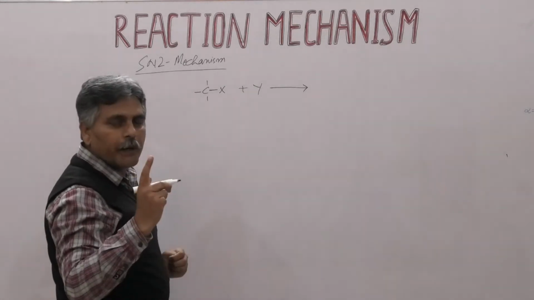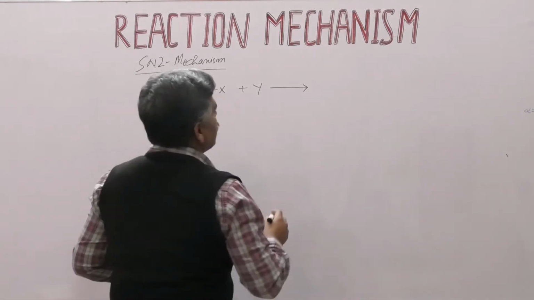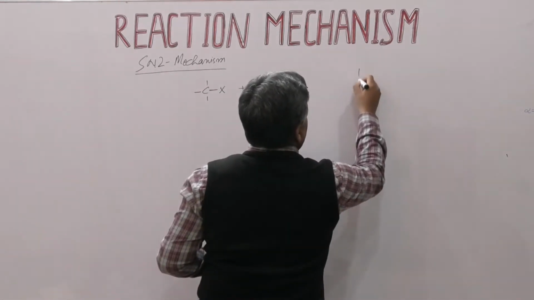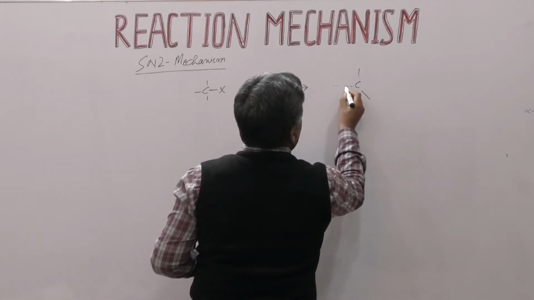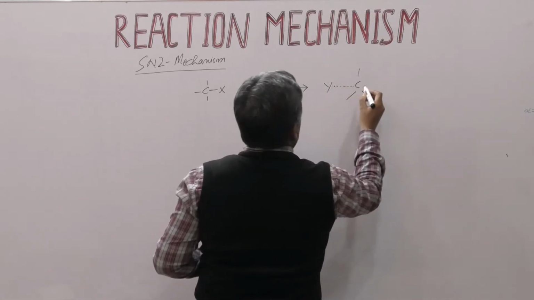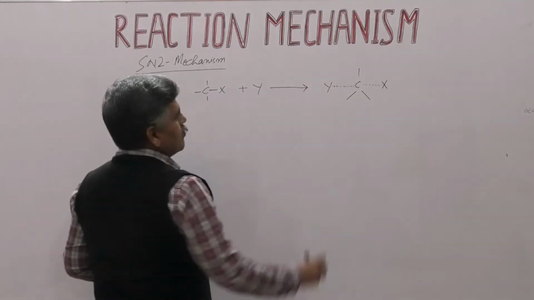The SN2 mechanism involves a transition state, where the attacking nucleophile approaches this carbon and the leaving group at the same time leaves.